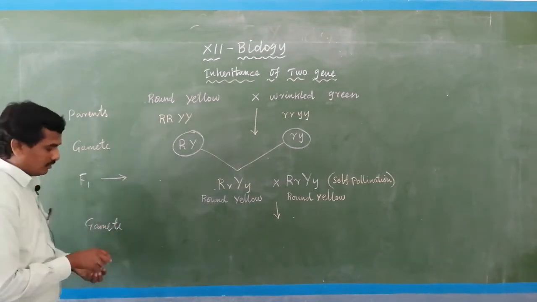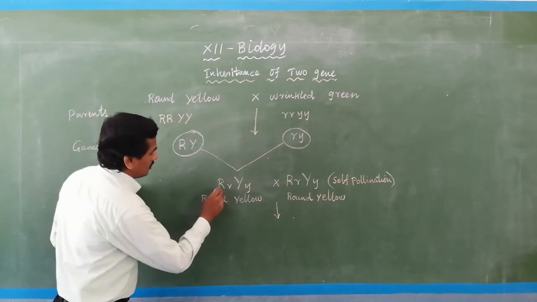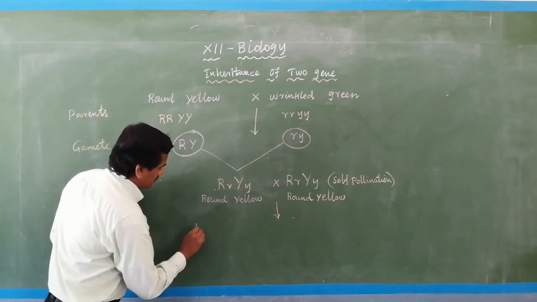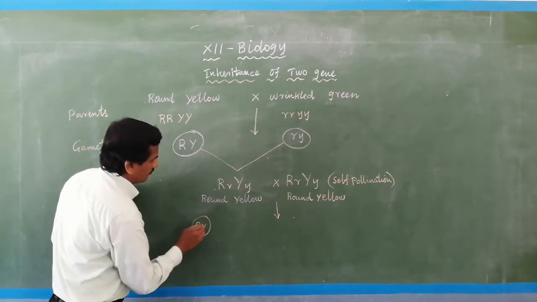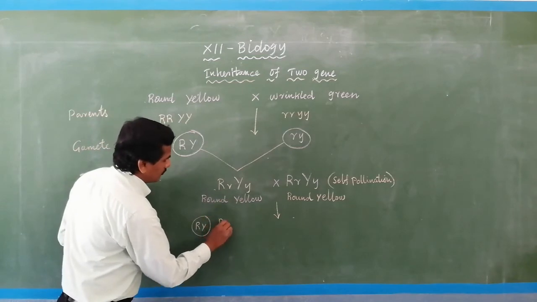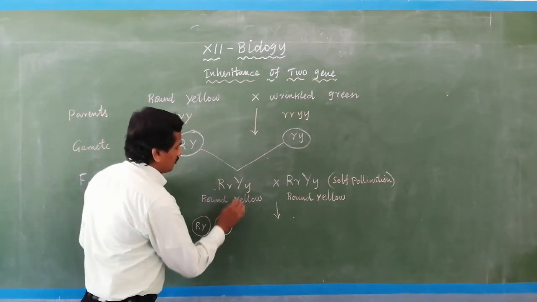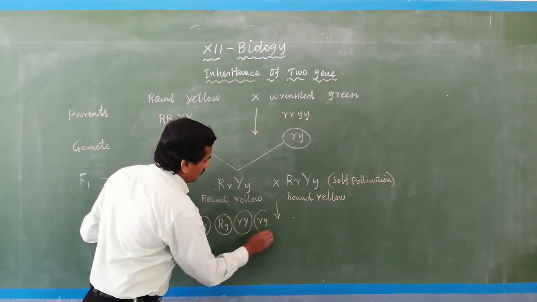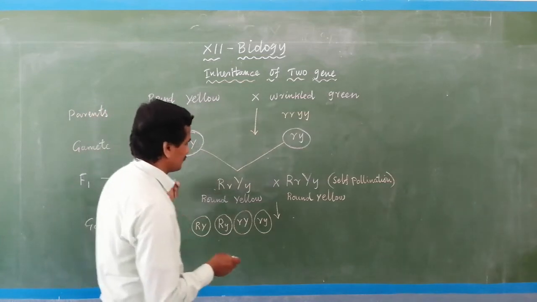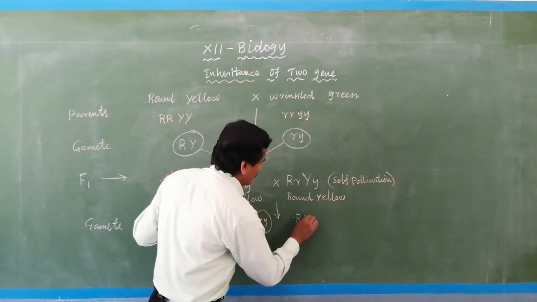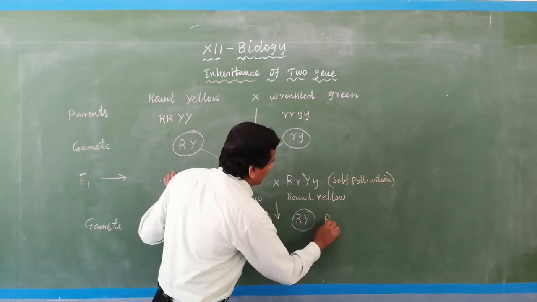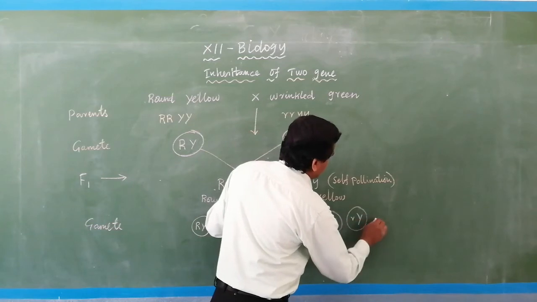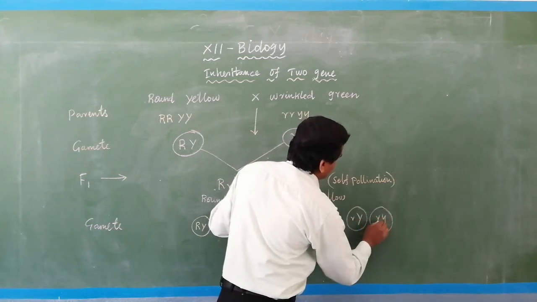Okay. What types of gametes are produced in the F1 generation? Normally, for the male and female gametes, we have capital R capital Y, capital R small y, small r capital Y, and small r small y.